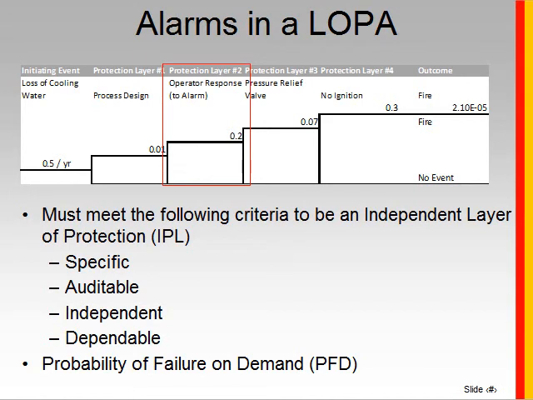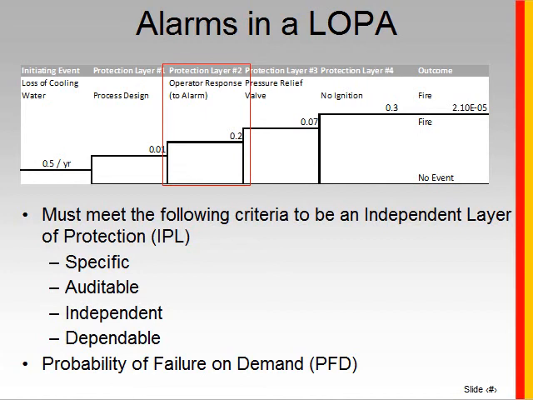And to be independent, to be an IPL, it needs to be specific, meaning it needs to be designed or work for a particular situation or initiating event. It needs to be auditable, which means you need to be able to test that it's going to work. This was a big problem with the Buncefield situation, and we'll talk about that a little bit later.